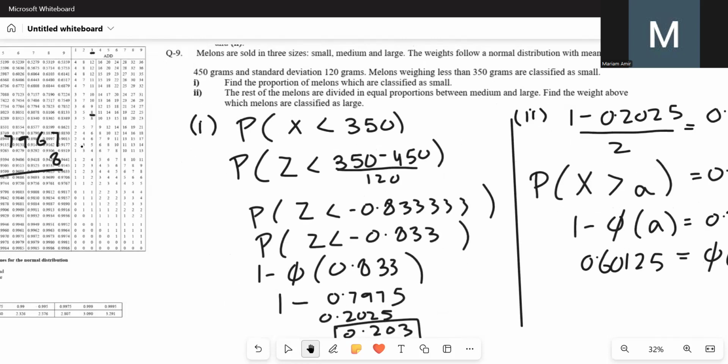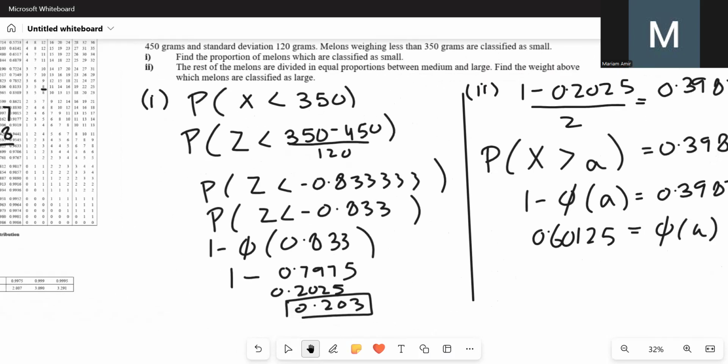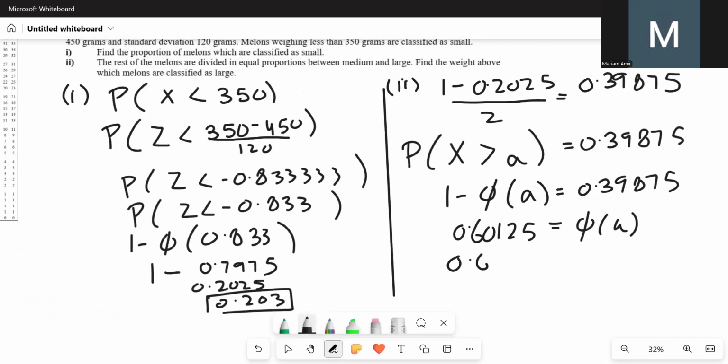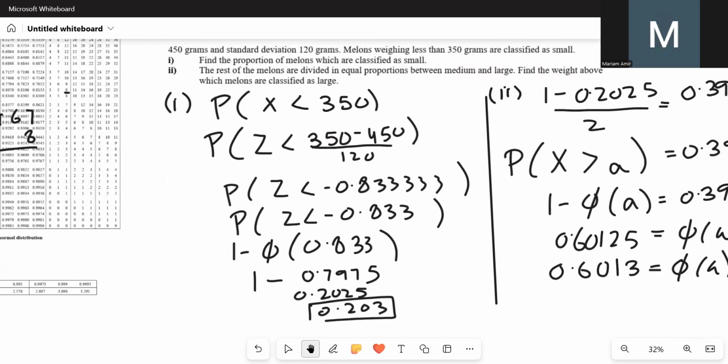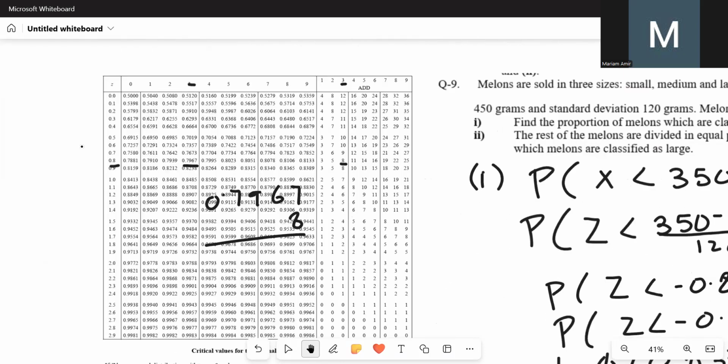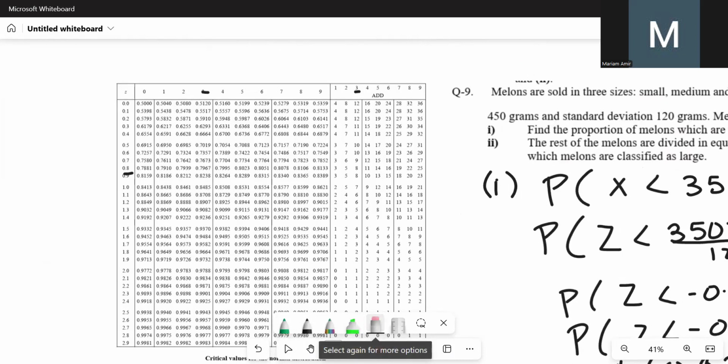Now we need to find the z-score corresponding to this probability. Probabilities are written correct to 4 decimal places, so we can round this off to 0.6013. Let's find the z-score corresponding to this probability. We have 0.6 here, 0.60 here, and 13.